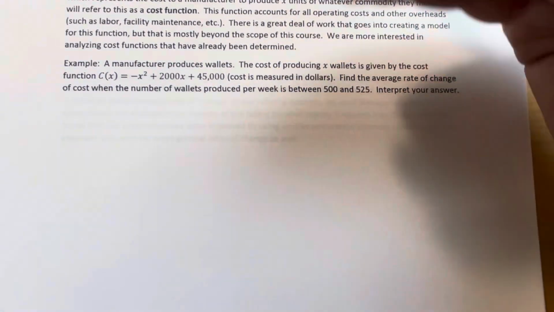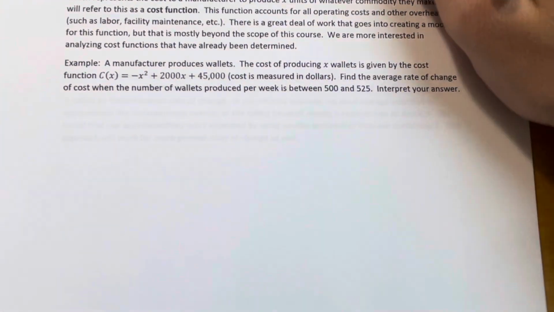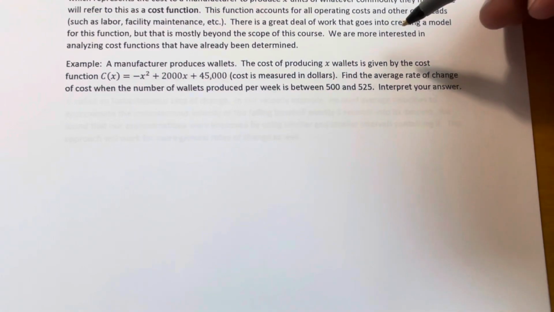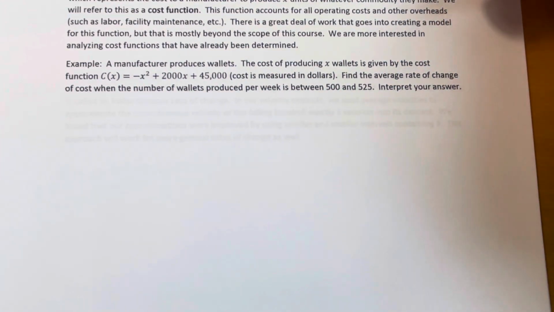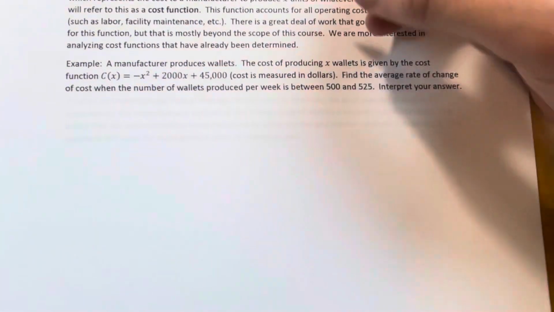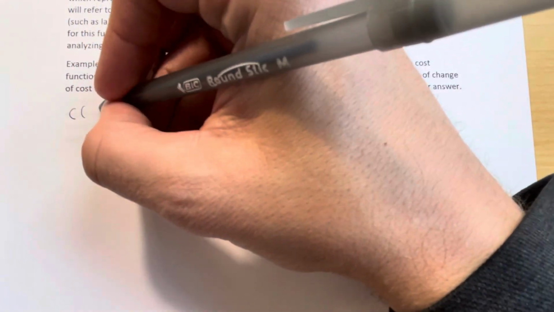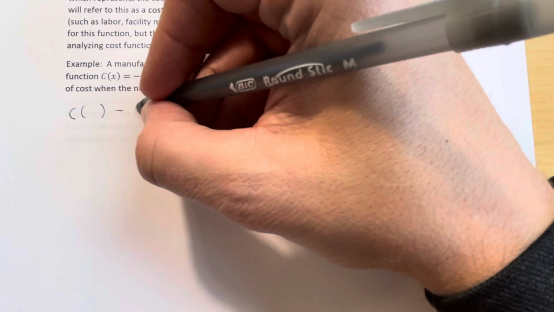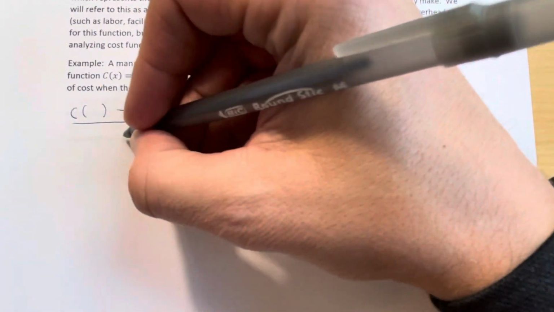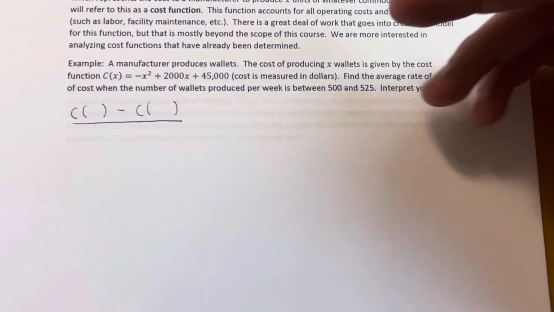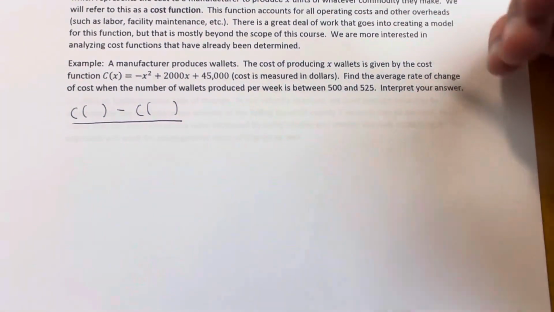So we're going to do this the same way that we've been doing it. It's the change in our output over the change in our input. So really what I want for this average rate of change is the change in my cost, which is C of something minus C of something, over the change in my input, and my input is wallets produced, so the change in wallets produced.